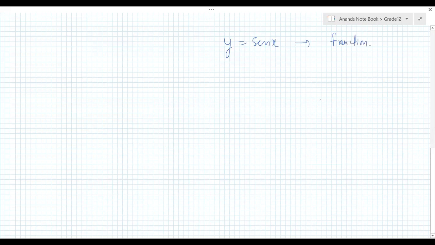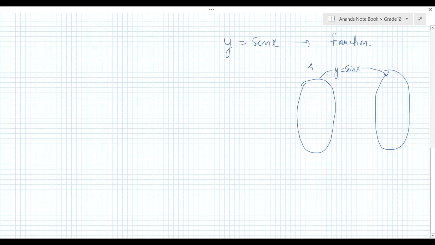And for the trigonometric function, we are interested to see how to define its inverse.